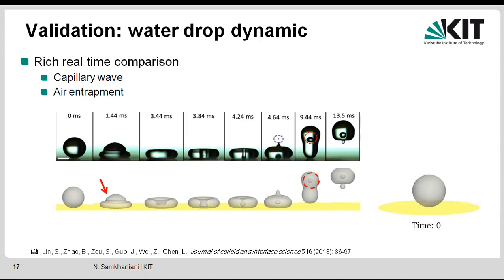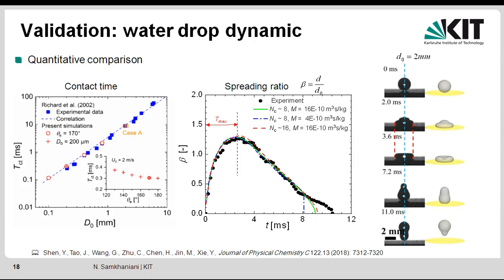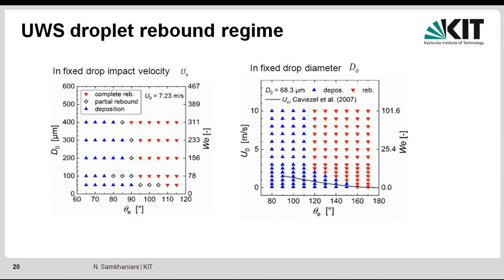After we understood that the solver can capture this physics accurately, we made not just a visual comparison but also a quantitative comparison. The two most important parameters were contact time and spreading ratio. Our comparison with experiments again shows good agreement. After we became confident about the solver, we ran other simulations.